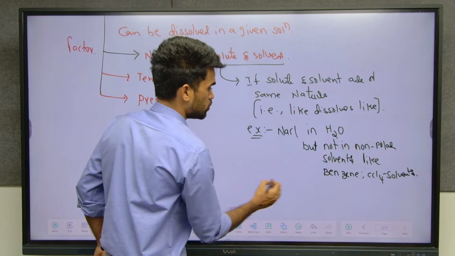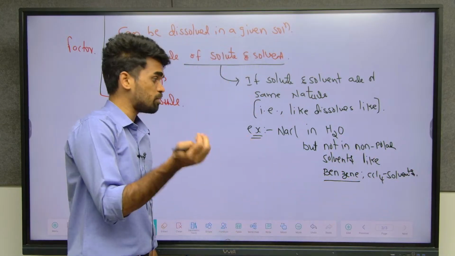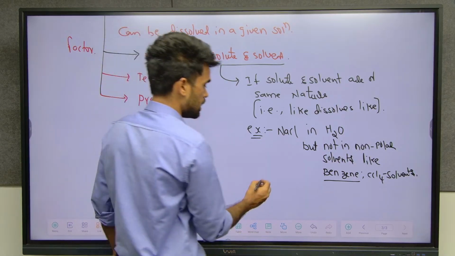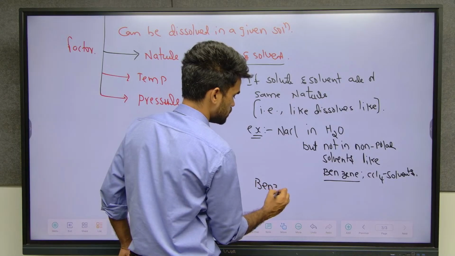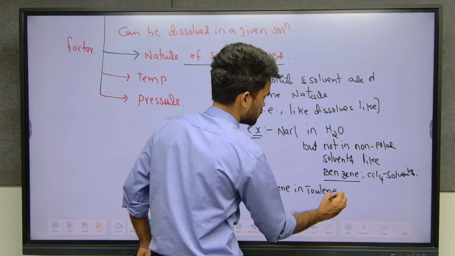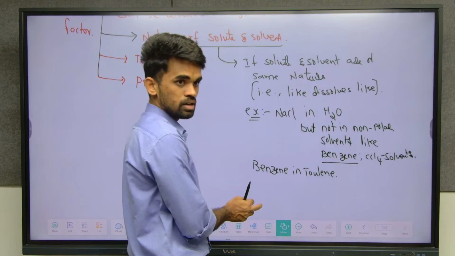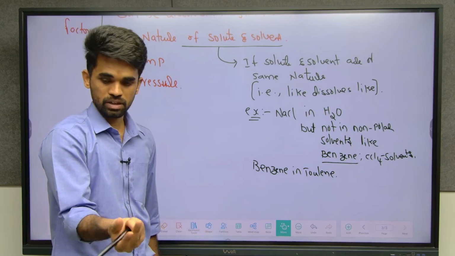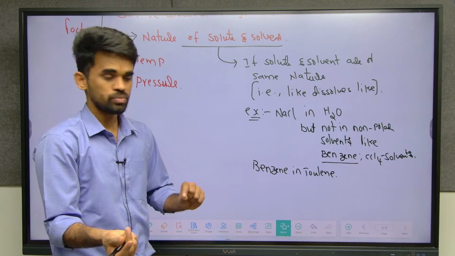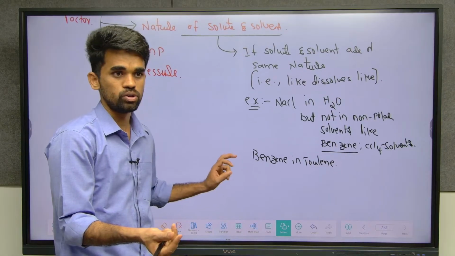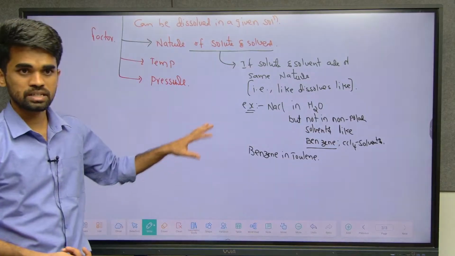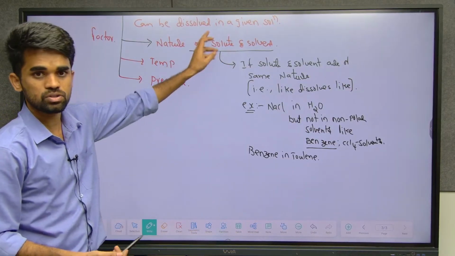Okay, and what about non-polar solvents? Non-polar solutes also dissolve in non-polar solvents only. Like benzene in toluene, but not benzene in water. Like if you add oil, whatever oil you are using for cooking purpose, will it dissolve in water? No. Because it's a non-polar one, it won't. Clear up to here? First thing is like dissolves like, nature of solute and solvent.